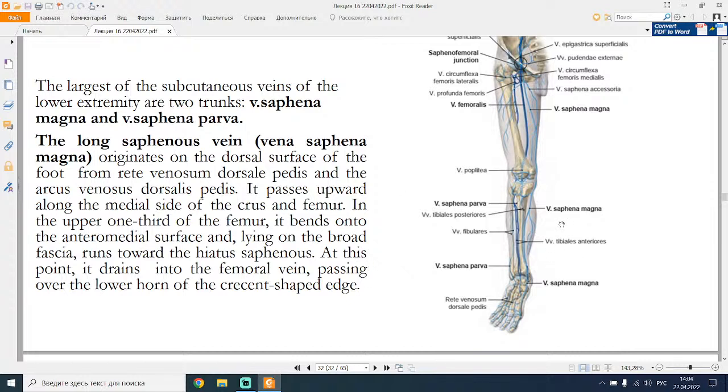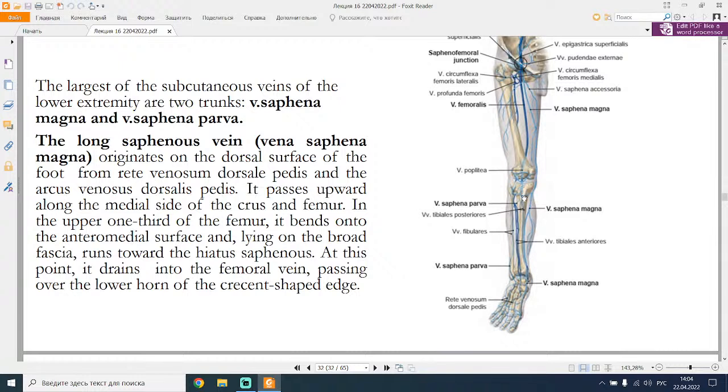The long saphenous vein, vena saphena magna, originates on the dorsal surface of the foot from rete venosum dorsale pedis and arcus venosus dorsalis pedis. It passes upward along the medial side of the crus and femur.